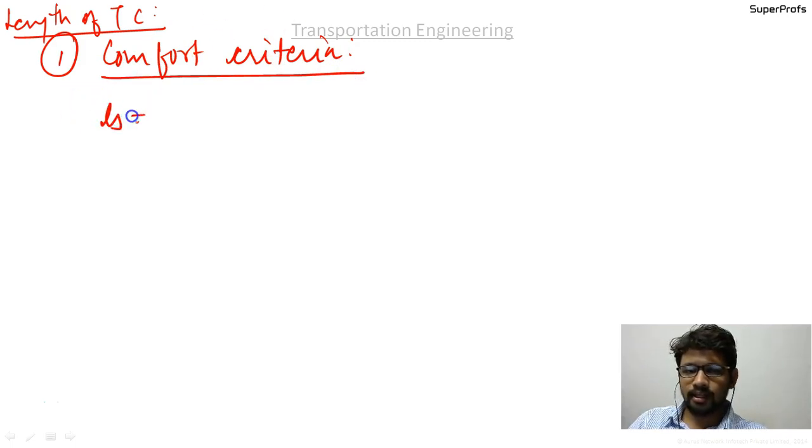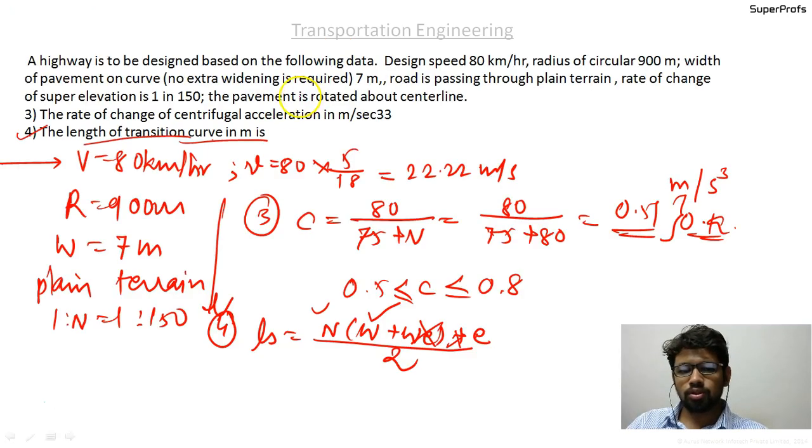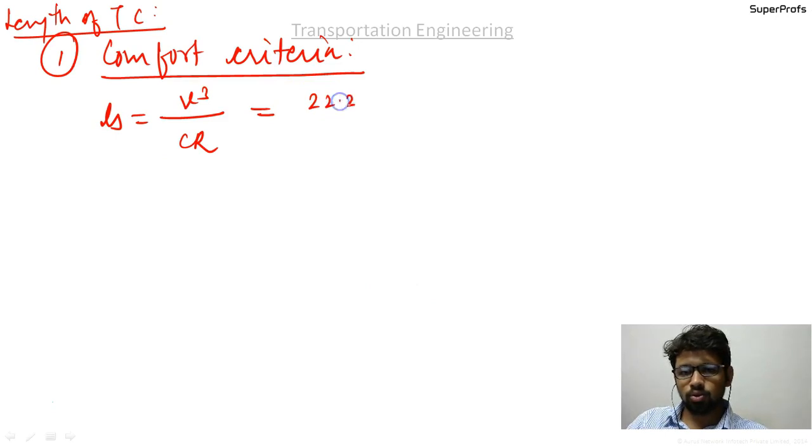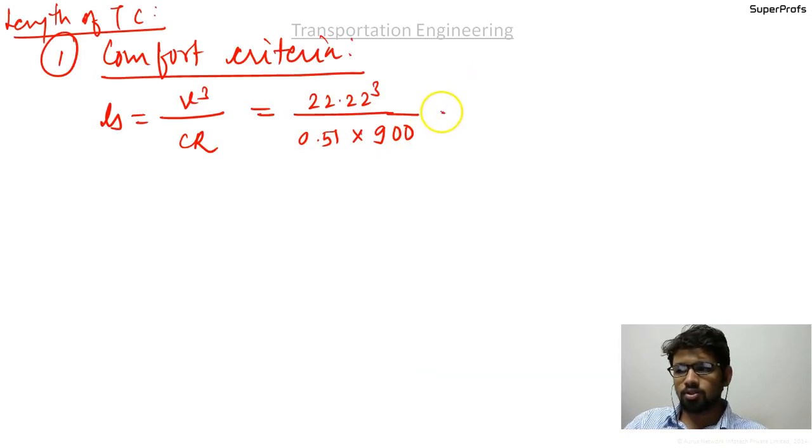The formula is Ls, the length of transition curve, equal to v cube upon CR, which will be equal to small v value 22.22 cube upon the value of C, 0.51, into the radius, which is 900 meters. So the length is 23.90 meters from this criterion.